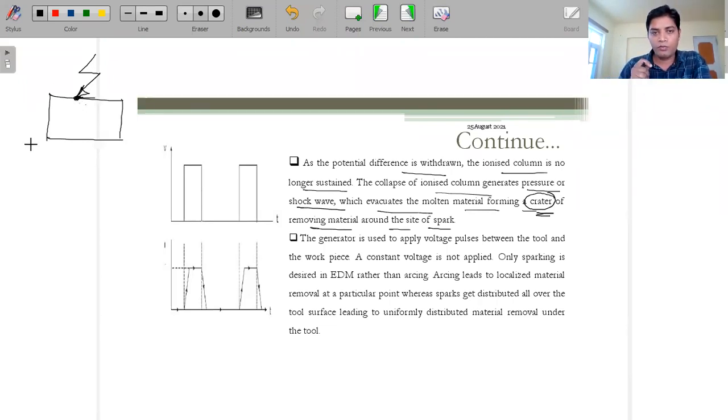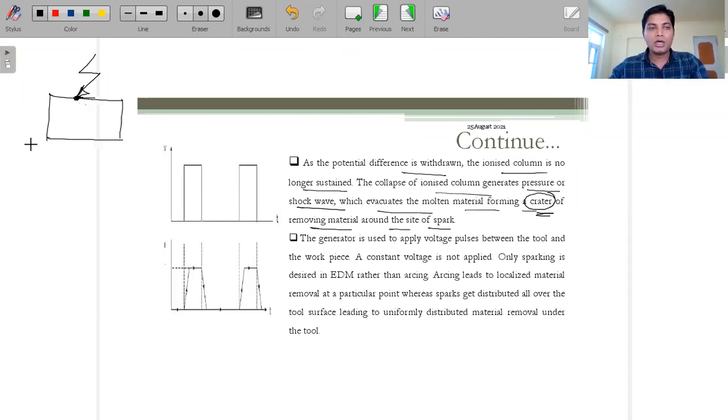So which shape will be formed exactly by the formation of the spark? The point is which shape is exactly formed over the workpiece surface when the material is removed, as well as how the material will be removed.